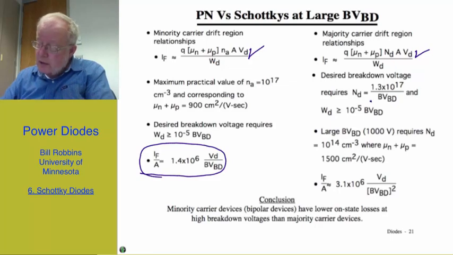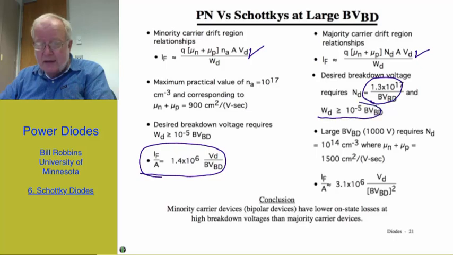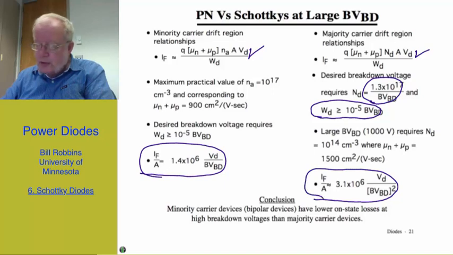We know that the width of the depletion region or the drift region has to be given by that. Putting that back into the equation up here for the forward current and putting in silicon values, we get that the forward current is given by this expression for a majority carrier device like a Schottky diode. Almost the same numerical factor.